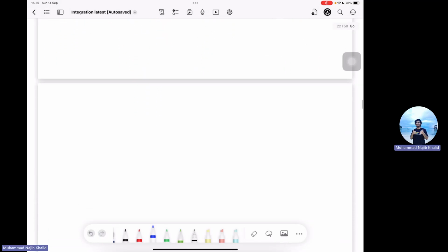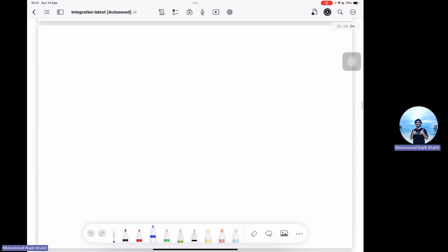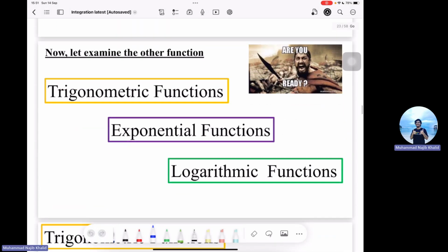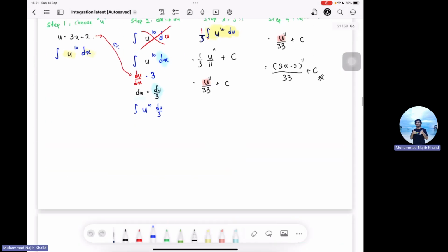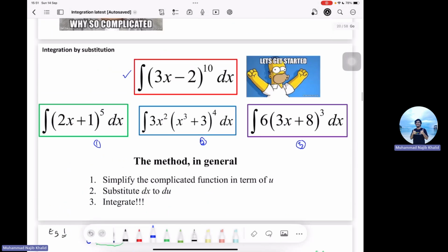Next we will continue with other functions like trigonometry, exponential, and logarithm in the next video. So try to solve these three first.